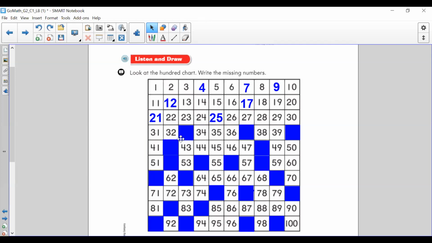And our next number after 32 comes 33, 34, 35, 36, 37, 38, 39, 40, 41, 40.